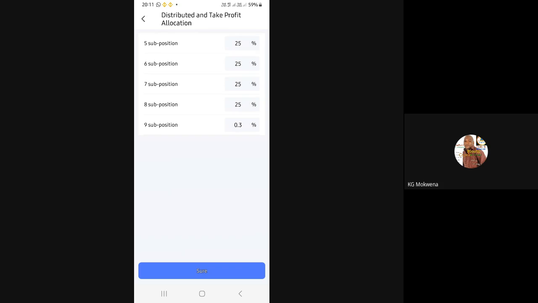So always, and this is the way of scalping under sub positions, because when you scalp under sub positions, remember yesterday's session, I encouraged people to rather trade the coin where they have money in it instead of distributing their monies into too many coins and end up being trapped in all of them.